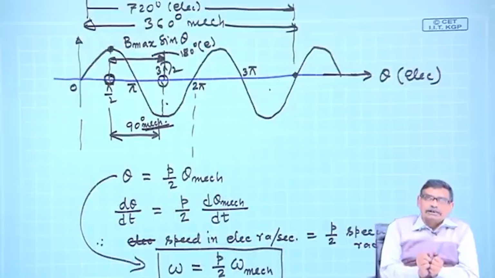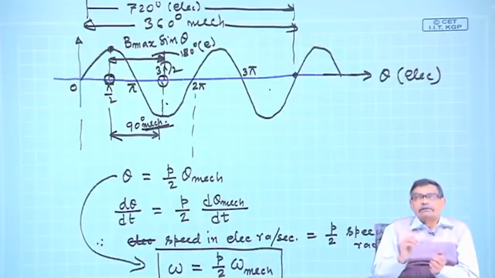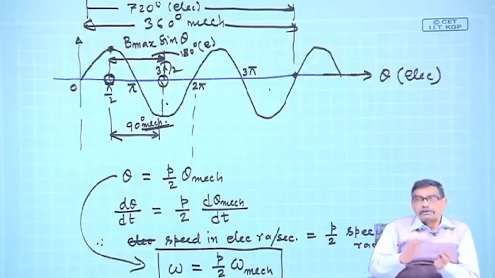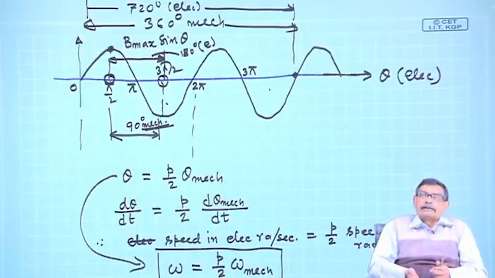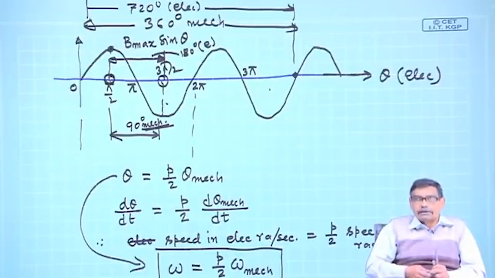If it is a 2 pole machine, 180 degree mechanical will be under north pole, 180 degree mechanical will be under south pole. If it is a 4 pole machine, only the first 90 degree will be under north pole, the next 90 degree under south pole, the next 90 under north pole, and the next another 90 degree under south pole.